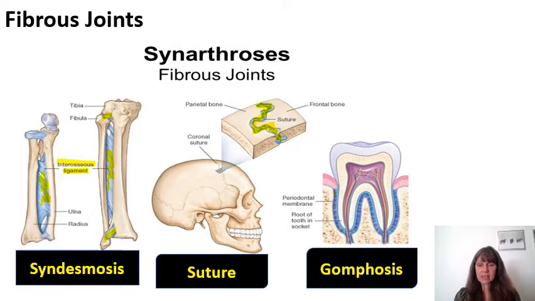We know that the fibrous gomphosis is formed by a periodontal ligament that holds the tooth in that alveolar socket. If you've ever been awake for a tooth extraction, you may have heard the tearing of the periodontal ligament. It's very strong.